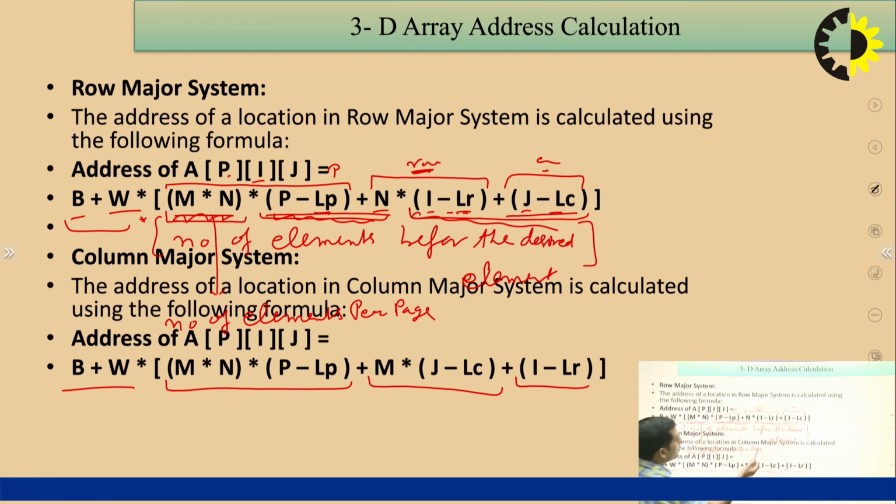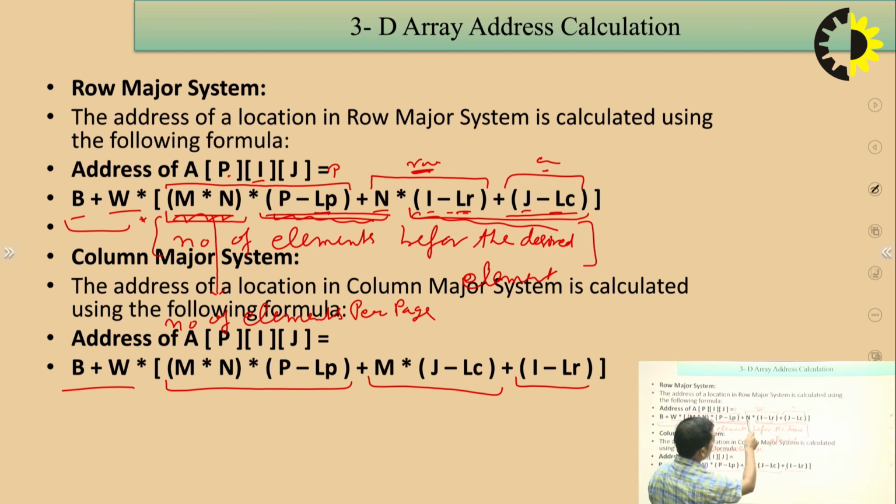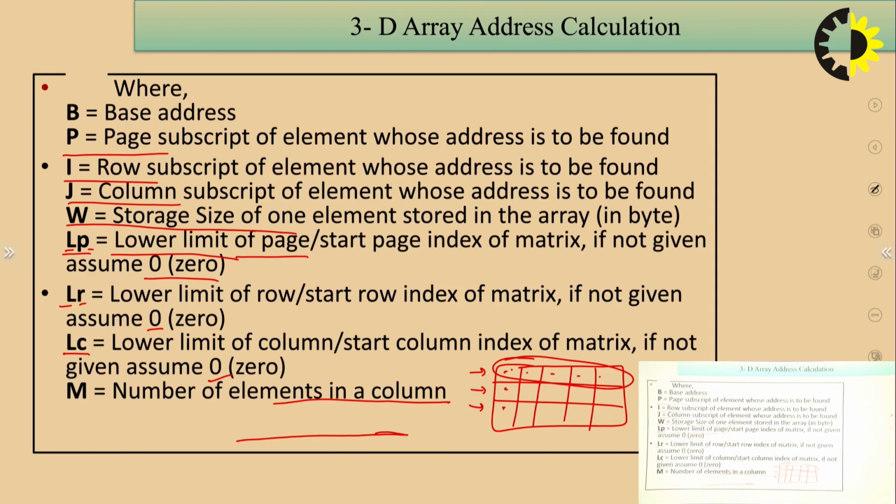So just see here, we are calculating the number of elements per row, here the number of elements per column, and J minus LC comes here and I minus LR comes here.